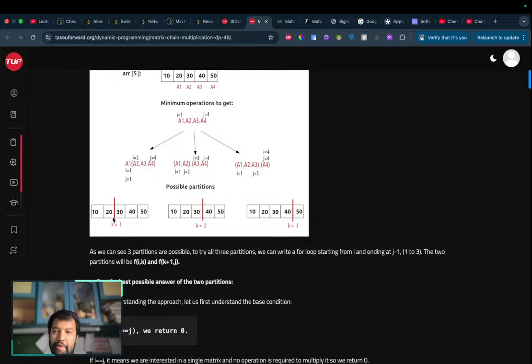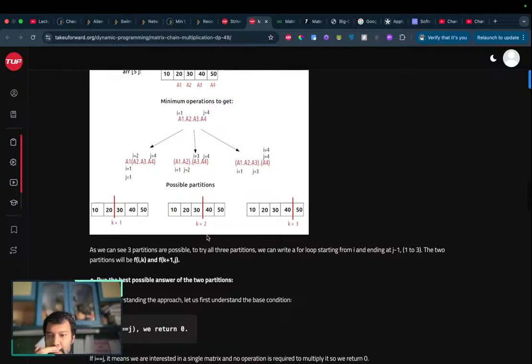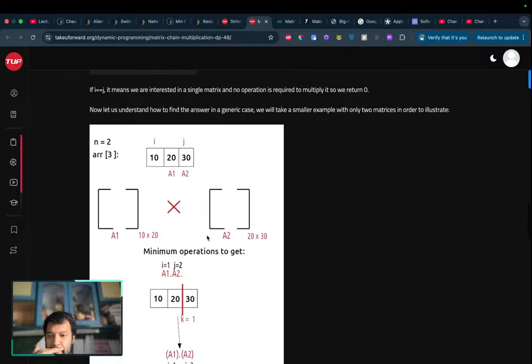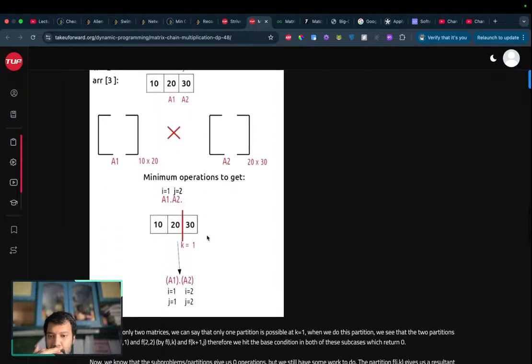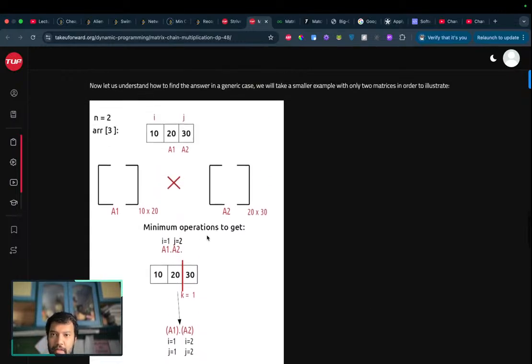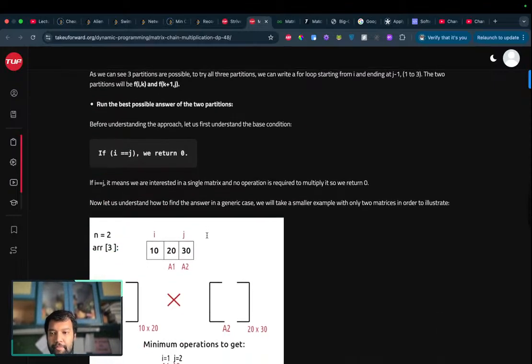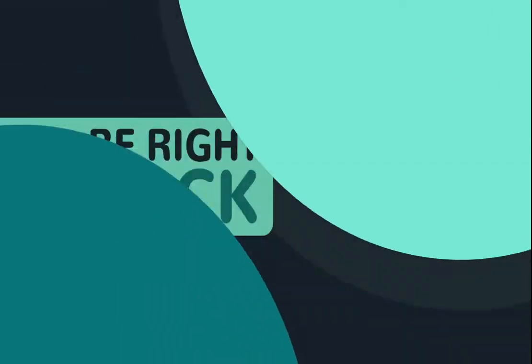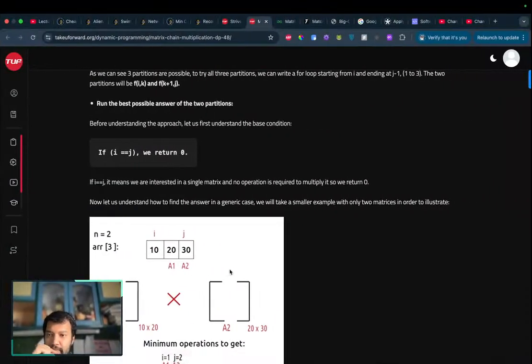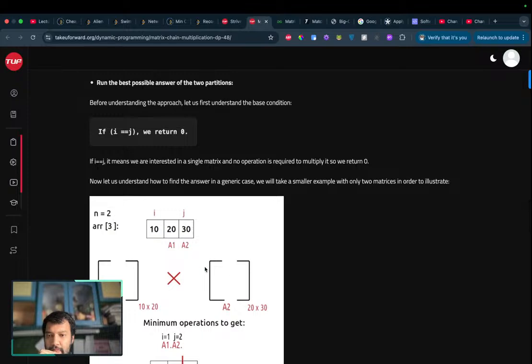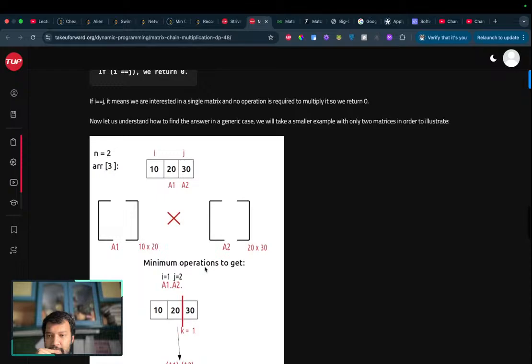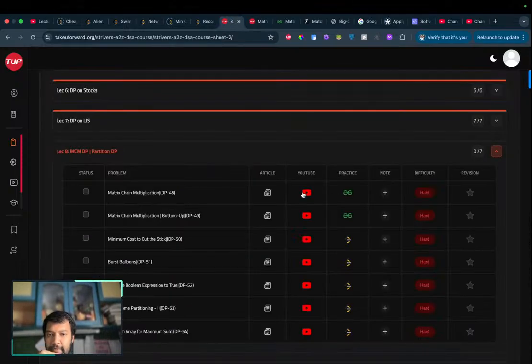This is the partition. If partition.size is equal to 2, a single matrix and no operation is required. I think I will need to watch the video on this.